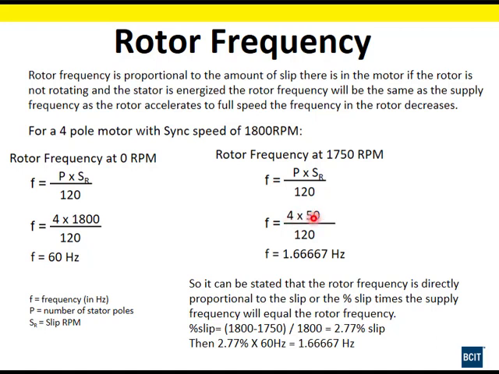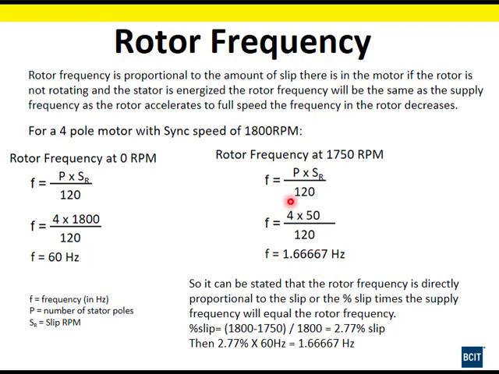So when we multiply 4 times 50, that gives us 200, divided by 120. The new rotor frequency is going to be 1.666 repeating hertz. Okay, a lot smaller. So when the rotor is up to full speed or near full speed, the frequency in the rotor is way down.